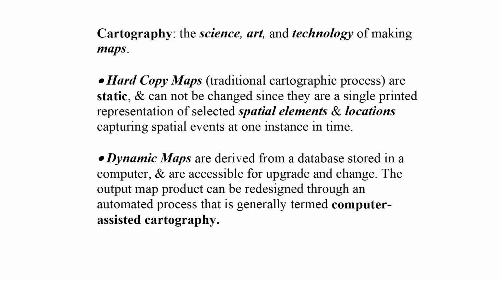Well, a source of GIS is cartography. You probably know that cartography is the science, art, and technology of making maps. We can distinguish maybe two kinds of maps: hard copy maps that are printed on paper or plastic or probably on your T-shirt.